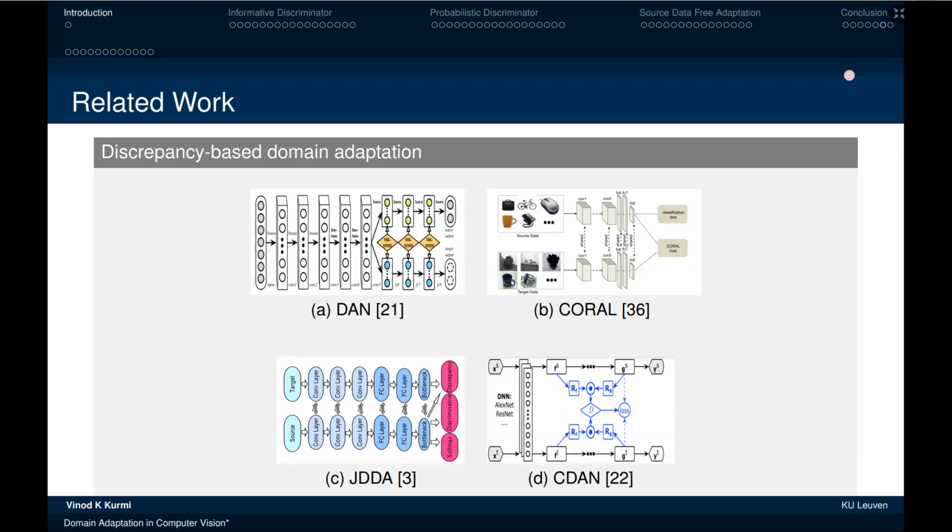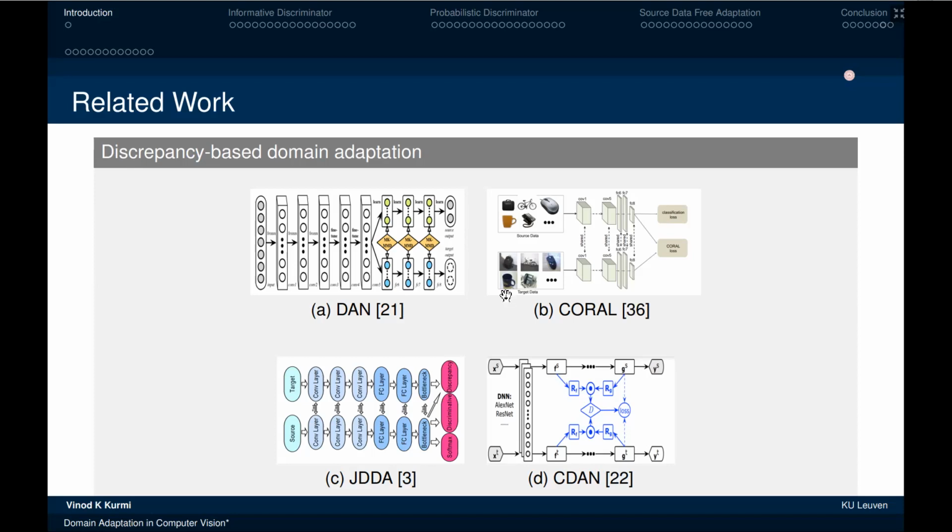If we minimize this, it means we are making the source and target features similar to each other. In that case, if the classifier is trained on the source feature, it will also work for the target feature. That's the basic objective. So these are some discrepancy-based methods. People have proposed new discrepancy measures. It could be conditional DAN, or JAN, or CORAL, MMD, whatever. So this is the basic discrepancy-based method.